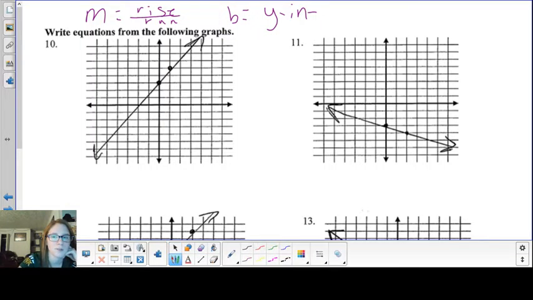Let me write. So let's take a look at number 10. We know we're going to start with y is equal to. I start at 1, 2, 3. So my y-intercept is up 3.